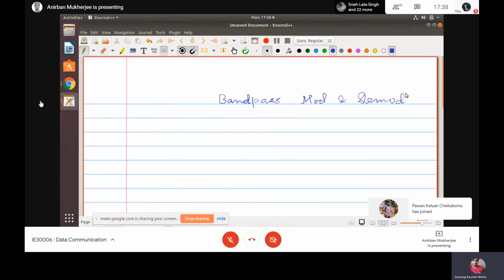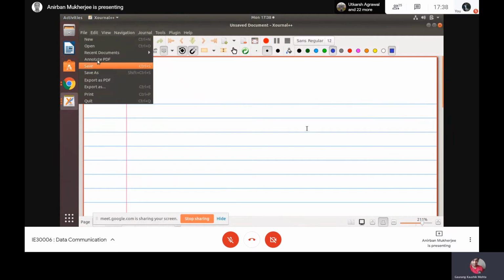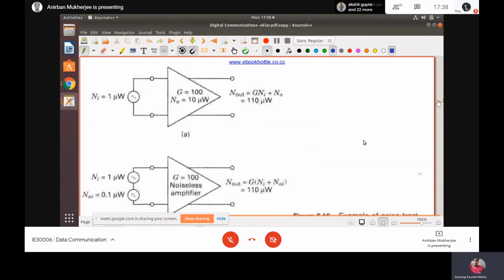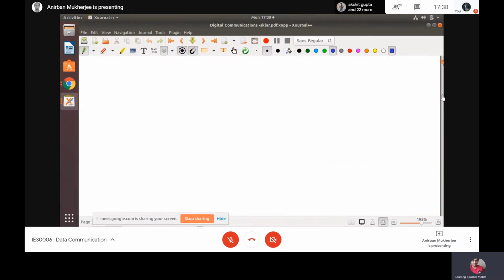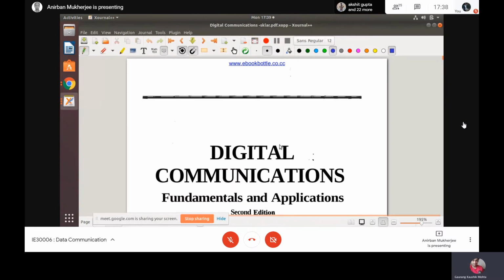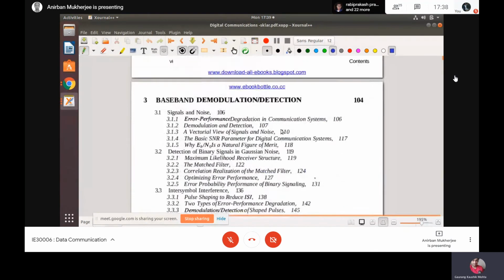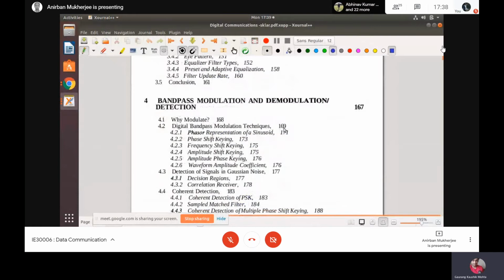Now, band pass modulation and demodulation, what is that? So let us see again the picture of this.